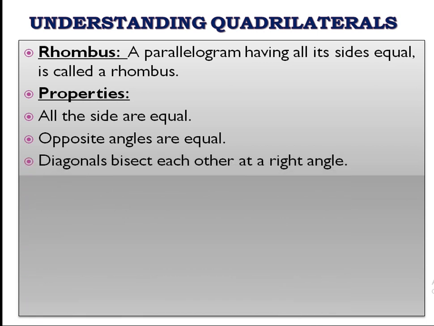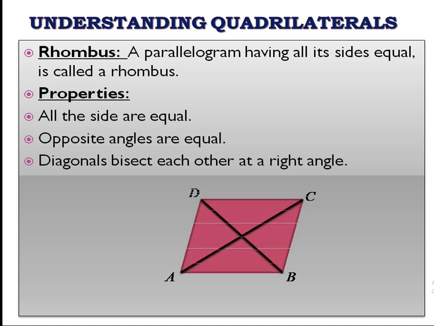Third property, diagonals bisect each other at a right angle, that means 90 degrees. Here see the figure. ABCD is a rhombus, where AB, BC, CD, DA are the sides of the rhombus. All are equal. And here you see AC and BD are the diagonals of this rhombus. Okay student.